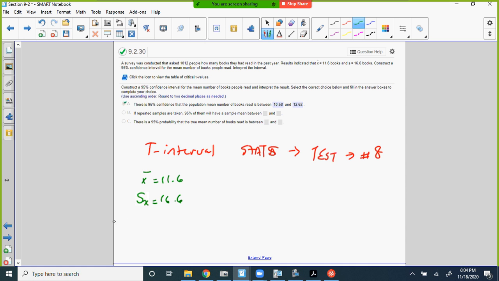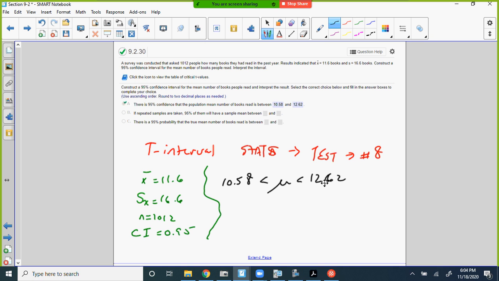Then what's my sample size? 1,012. And then you have a confidence level, which this problem gave you as 0.95. If you type this all into your calculator, you should get a lower bound of 10.58 is less than the mean of the population, is less than 12.62.